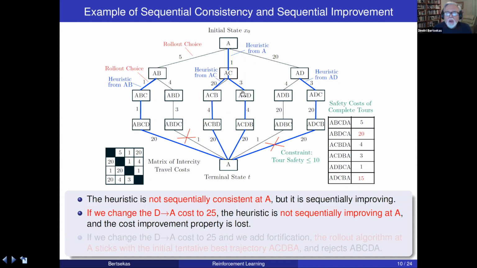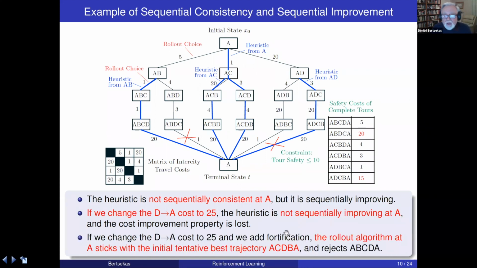Why? Because when I compare this with that, I find that this one is worse than that. This one is also worse than that. Okay, look at the numbers here. And also this one is worse than that. This one has cost 45, whereas this one has cost 28. So if I were to change this one number, then the sequential improvement condition would be lost.